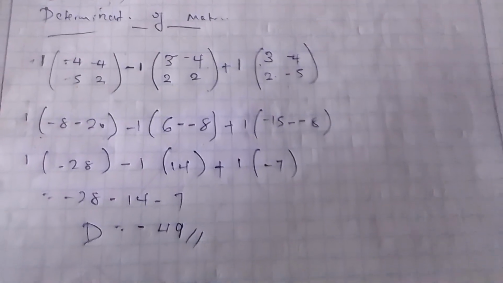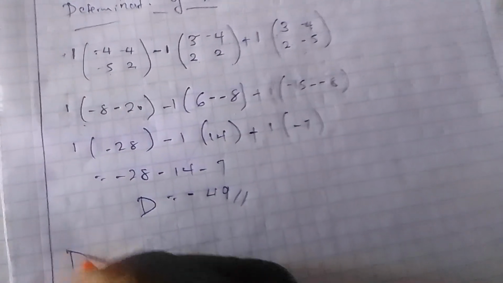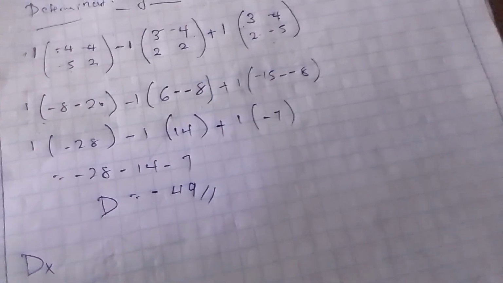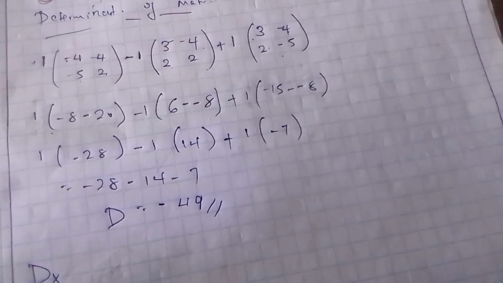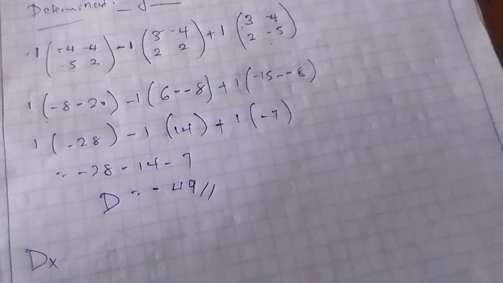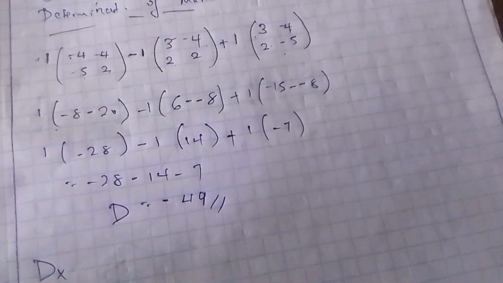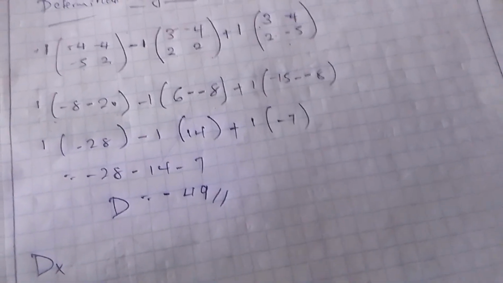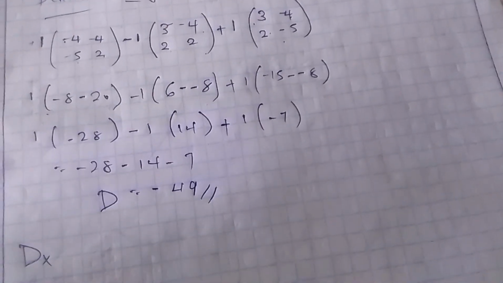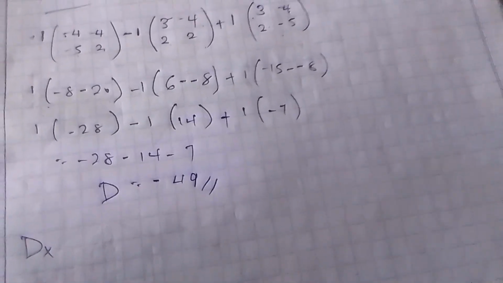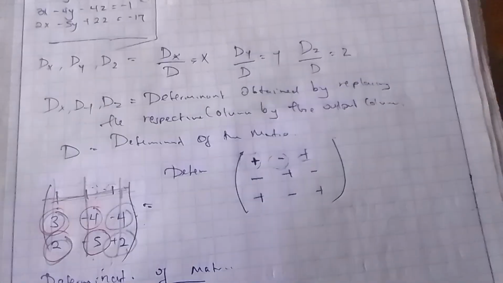So our next step is to find dx, and we say that dx is the determinant obtained by replacing the respective column by the output column. What is the output column?